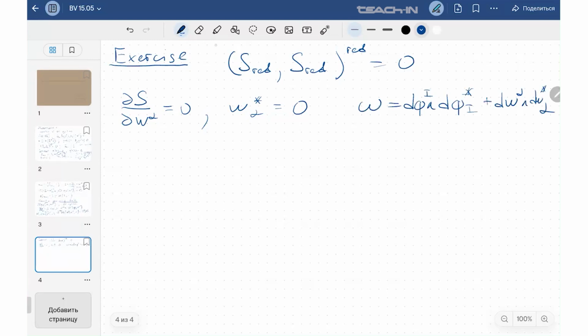This was our symplectic form before the reduction. And now we pull it back to this surface.